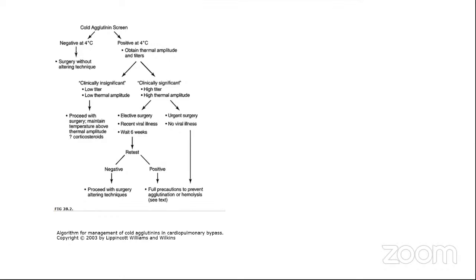Then maintain systemic temperature at 28 to 30, don't go lower than 28, and also monitor the bypass pressure at the arterial line. Because sometimes the agglutinin is formed in the arterial line, so we can also use a filter there.